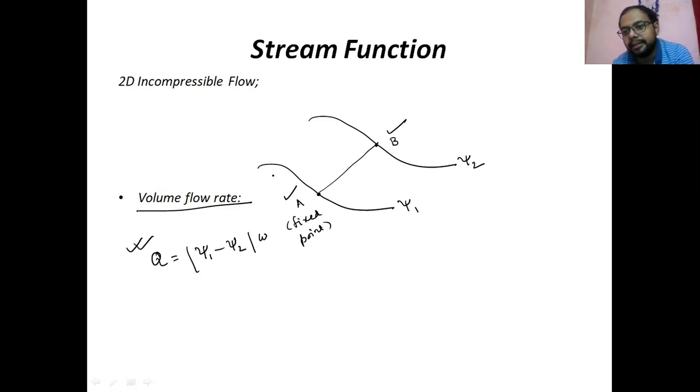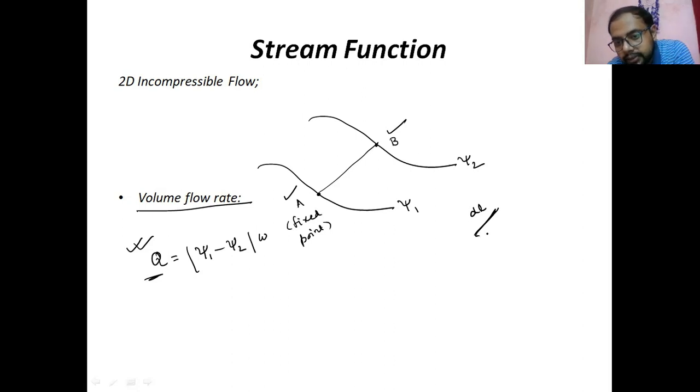Now we'll see how this value comes about. To consider this, you have to take one small element, dl. What is the flow rate across the element dl? This is a bigger version of it, one differential element we are taking here.